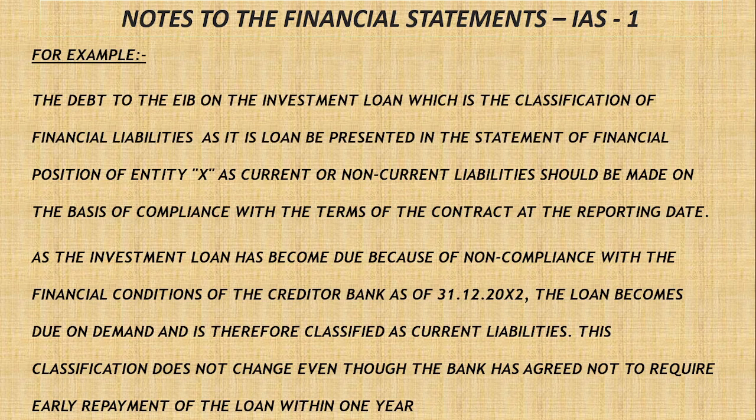As the investment loan has become due because of non-compliance with the financial conditions of the creditor bank as of 31/12/2022, the loan becomes due on demand and is therefore classified as current liabilities. This classification, however, does not change even though the bank has agreed not to require early repayment of the loan within a year.